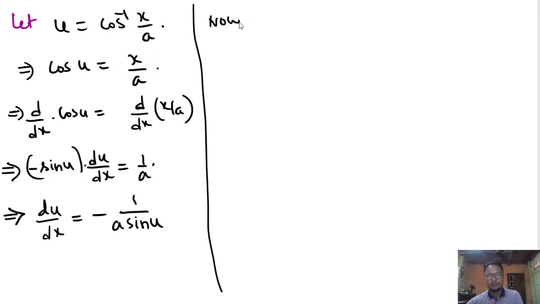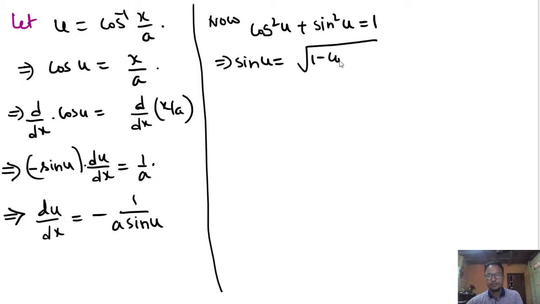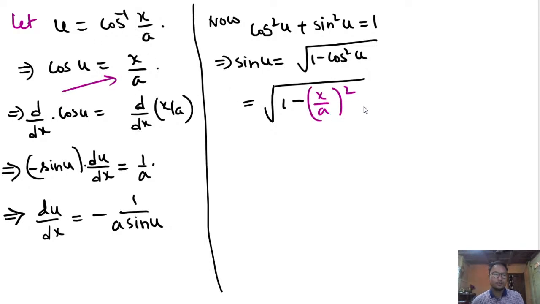Now let's use cos square u plus sin square u equals 1. Therefore sin u is under root of 1 minus cos square u. The value of cos u is x by a, so it will be under root of 1 minus x by a whole square.